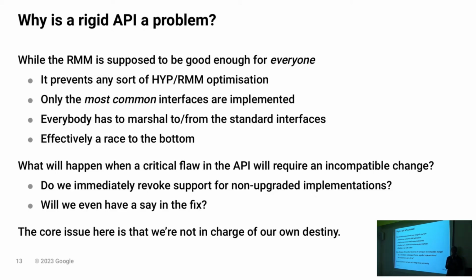You can change it and optimize it as you see fit. But instead, with the RMM, you wind up with very, very common interfaces. It's very much dumbed down to coarse-grained interfaces, and again, a lot of policy cooked in there too. And then the question becomes, what do we do when there's actually a bug in the interface, in the spec?